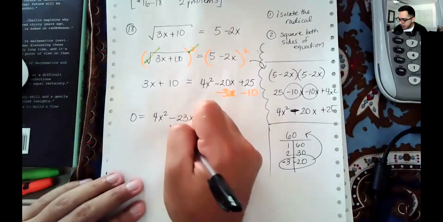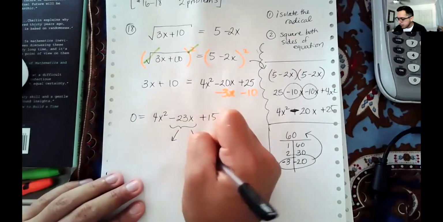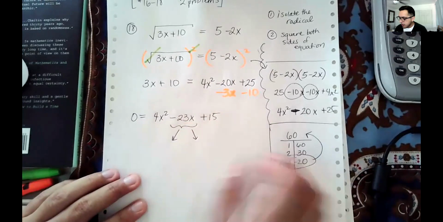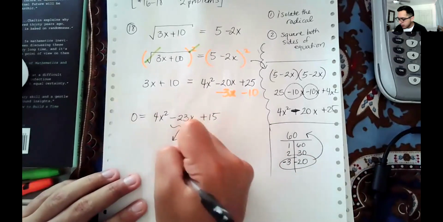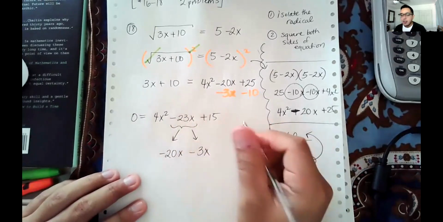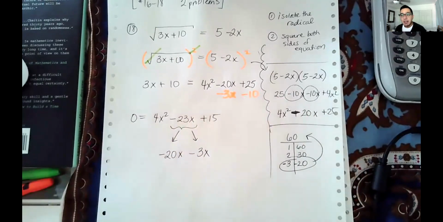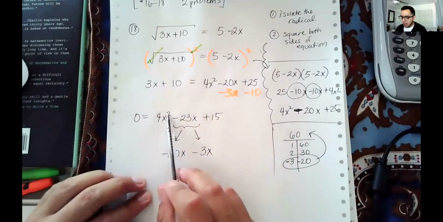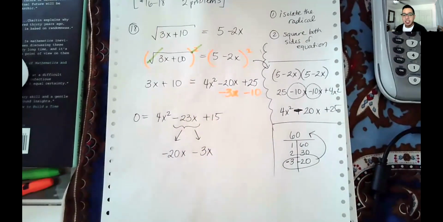So I can take this middle term now and I can split that up into, I'm going to put the -20 first. So -20x minus 3x. And the only reason I'm doing that is because I know I'm going to have to factor here in a little bit. And I know that the 4x squared, that the 4 and 20 will have something in common, very straightforward.